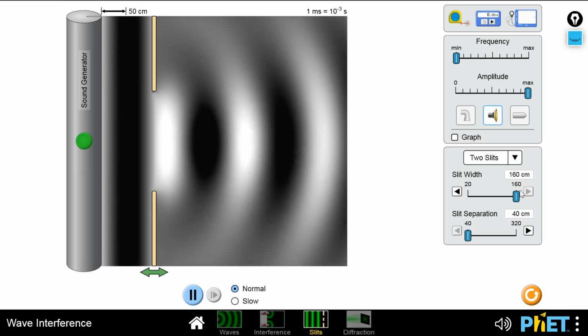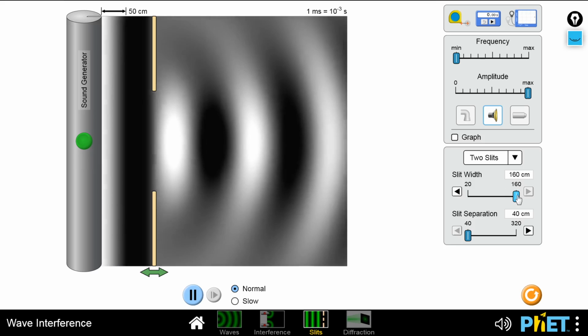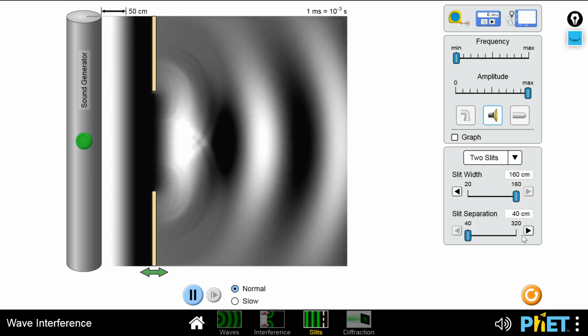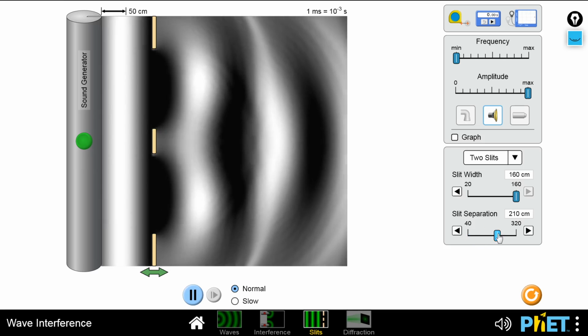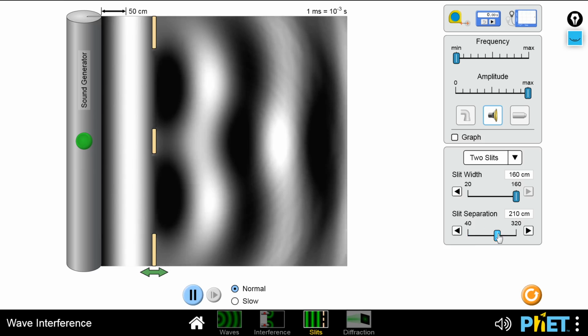Alright, so now let's see if we can do something technical and measure the amplitude of these things.